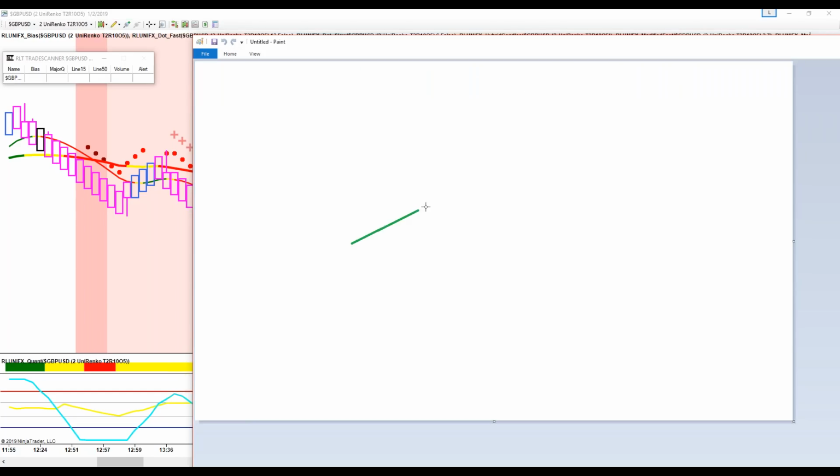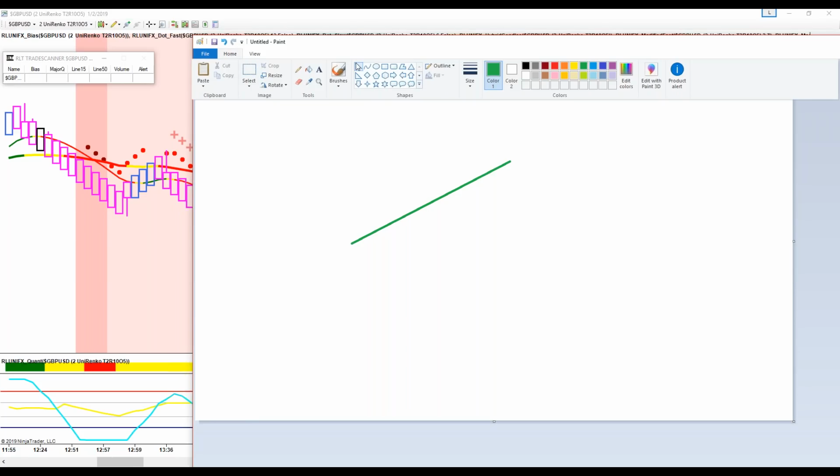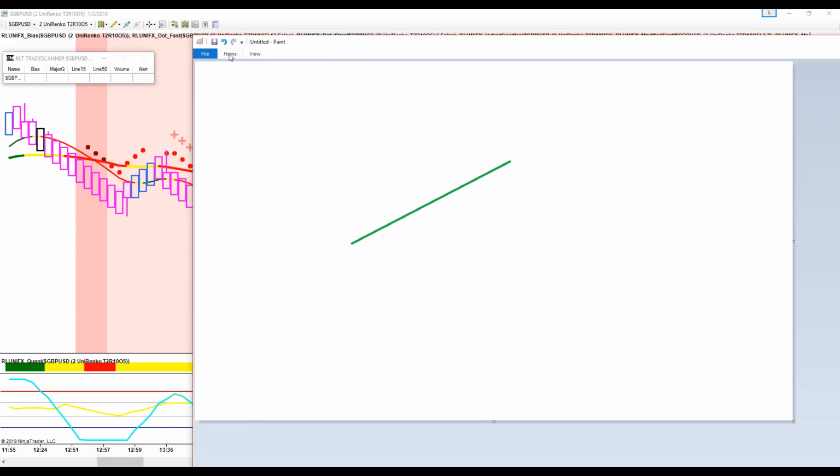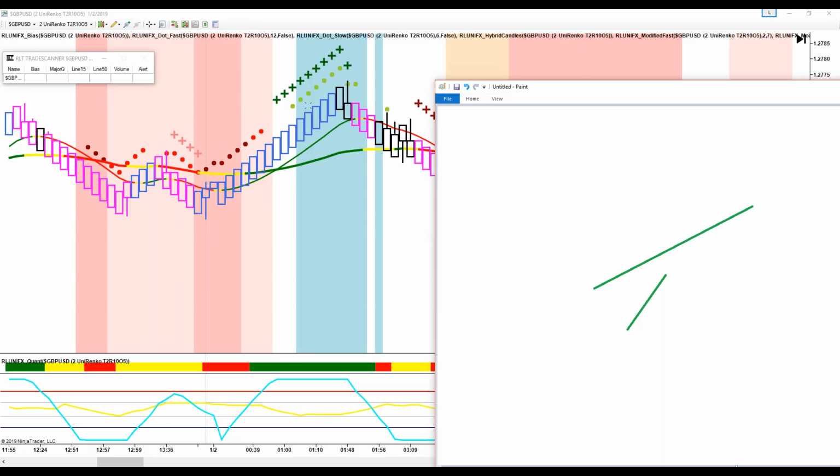I hope it's not. So here's the 50 and here's the 15. So let's look at the different colors as they mature. First, the 15 starts out below the 50. They're both heading up, but the 15 hasn't crossed the 50. This is going to give you the intermediate color green.